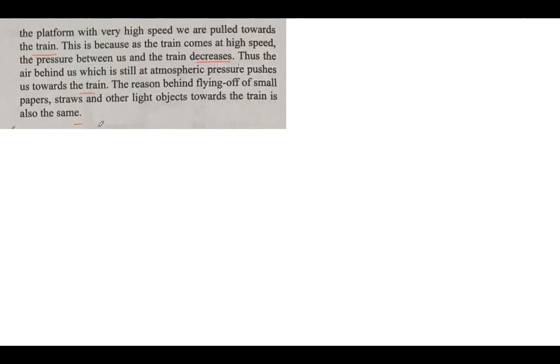So it will carry small bits of paper, straws and other light objects towards the train. And that's why when the train is passing very fast, we say don't go near the platform, near the train, so that you are not sucked by the train inside, and you may fall down.